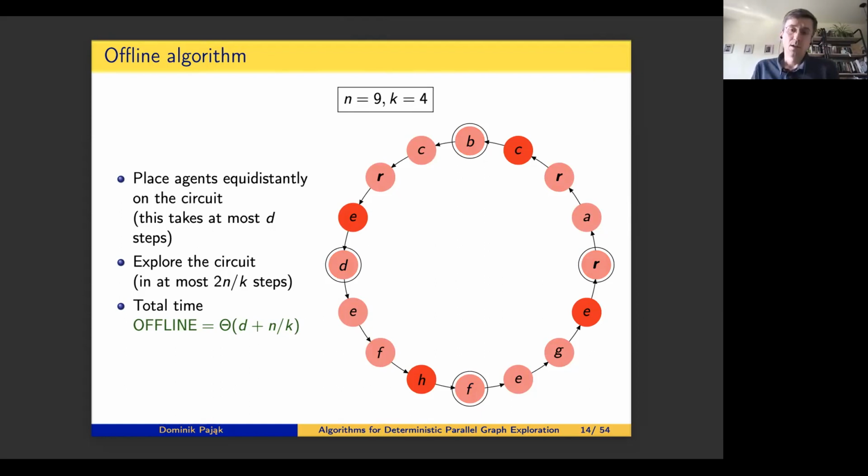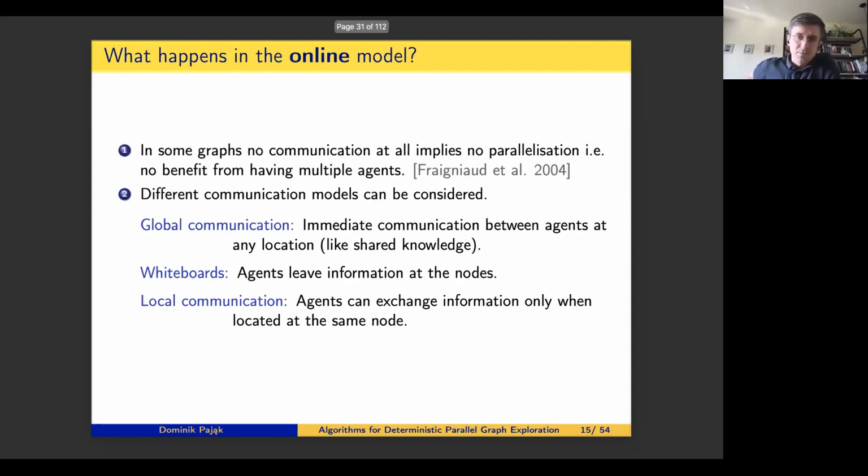So this is a simple algorithm, and more or less this is a flavor of approaches that we deal with when solving problems of exploration in such models. But we want to do something more interesting, namely what happens if you don't know the graph. Then you obviously cannot plan where to go beforehand because you just don't know where most of the graph is.